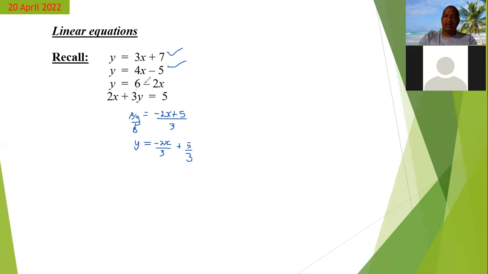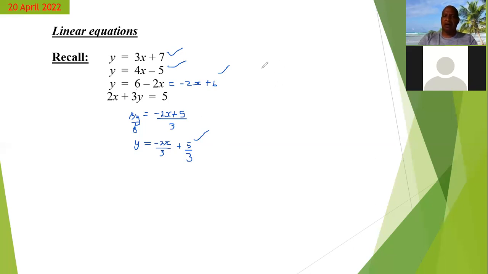So instead of having 6 minus 2x, we would have minus 2x plus 6. And so this one would now resemble the first two that we have. When they're all looking in this way, we say that they're in the general form.